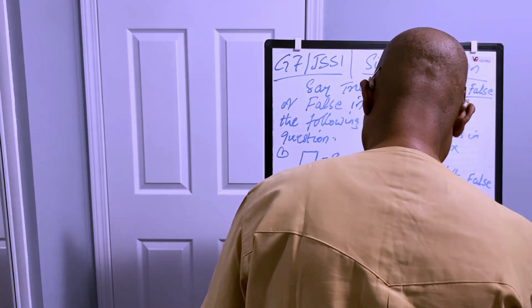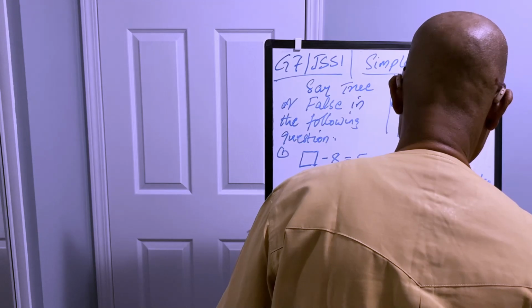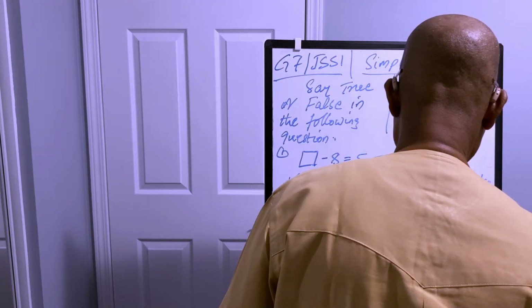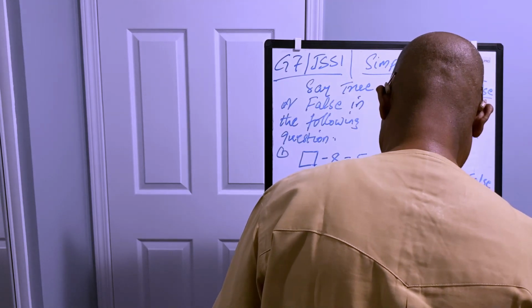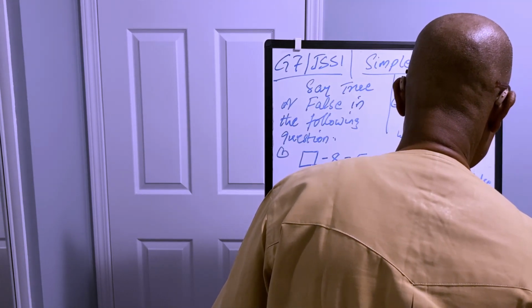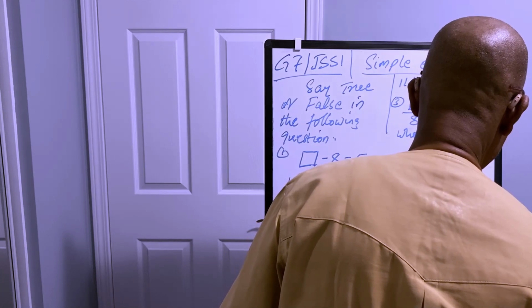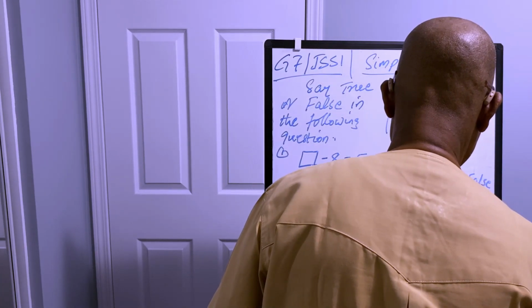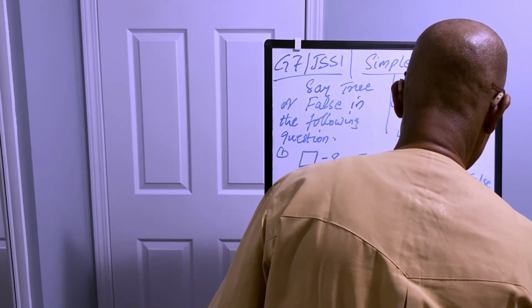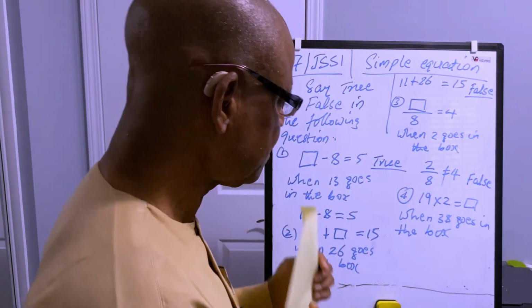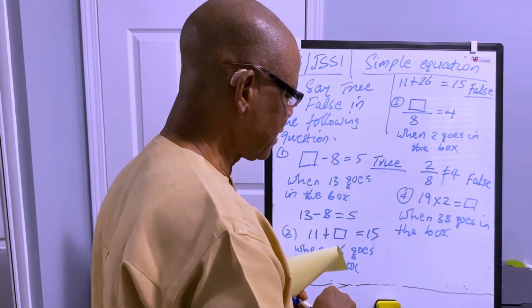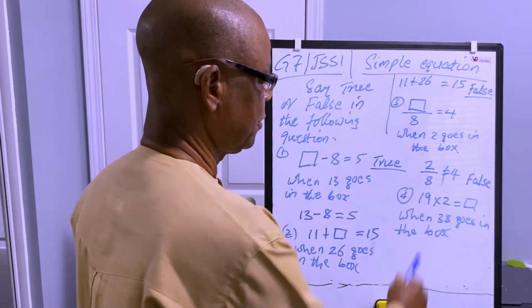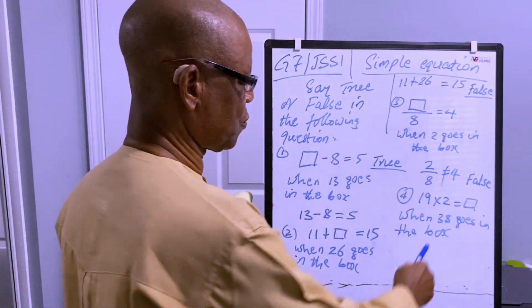What about number 4? 19 times 2 equals to box, when 38 goes in the box. Two times 9 is 18. 8 carry 1. 2 times 1 is 2. 2 plus 1, 38.